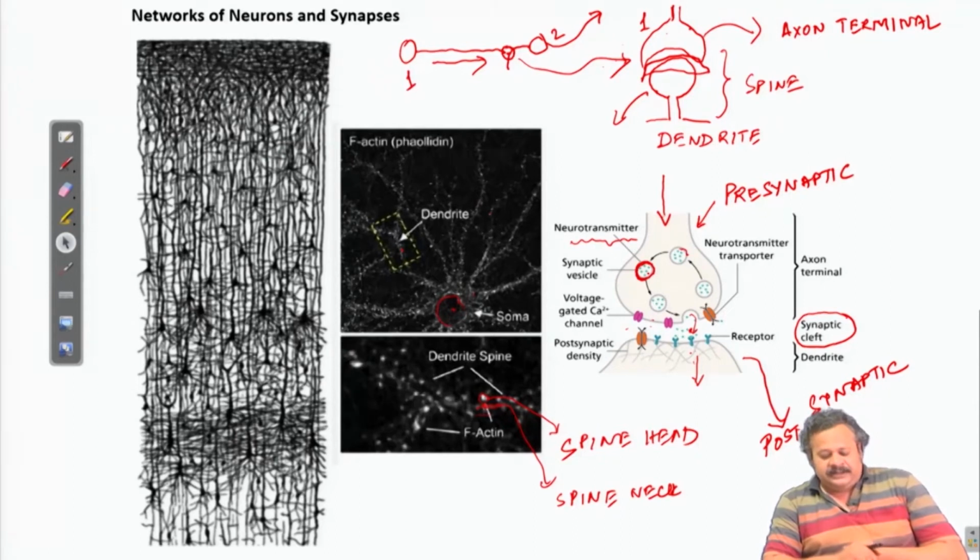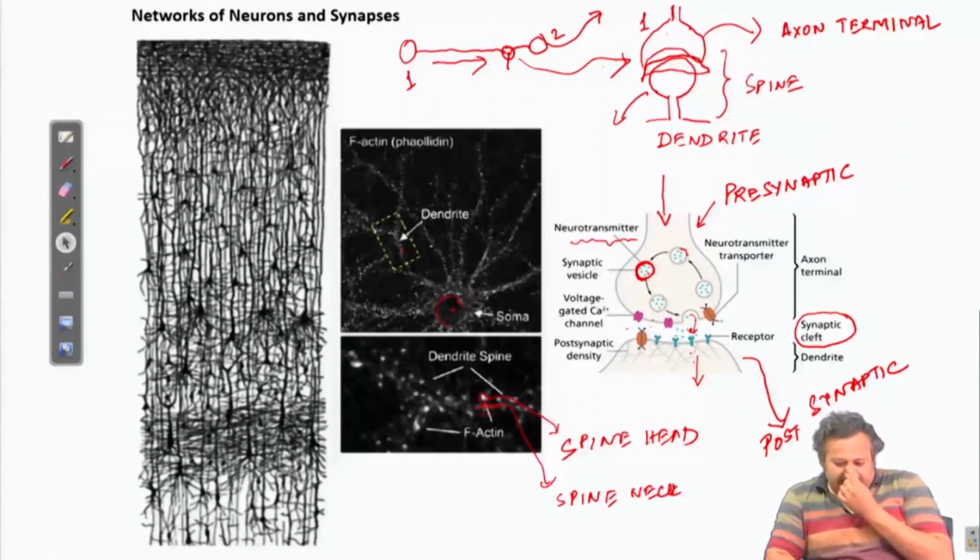How these synapses change over time will probably be the most important part of the course, in the sense that it allows us to learn how processing occurs, how learning occurs, how memory forms, how we adapt to different situations, how we make decisions, how we change at fast time scales, and so on. All these things are heavily dependent on these particular structures called synapses.